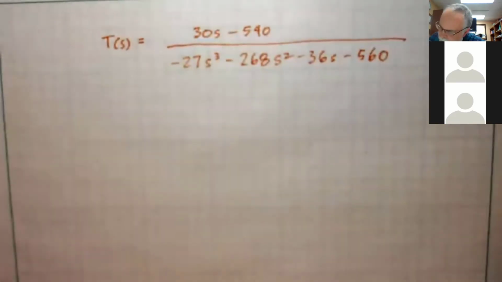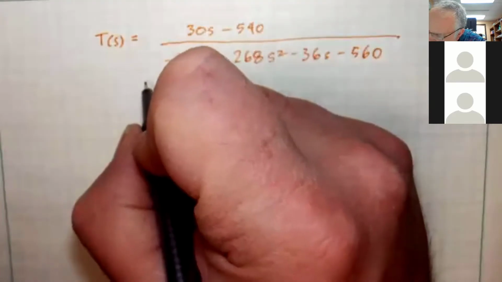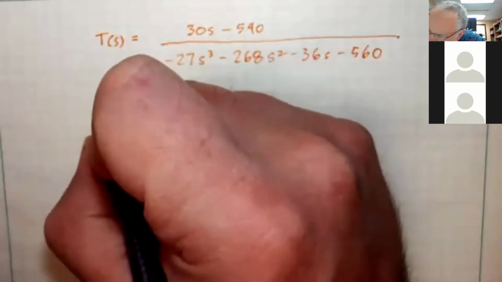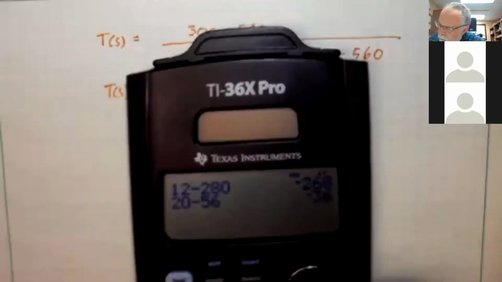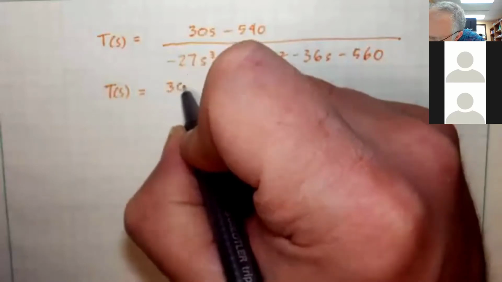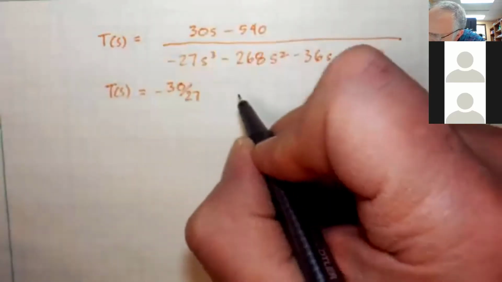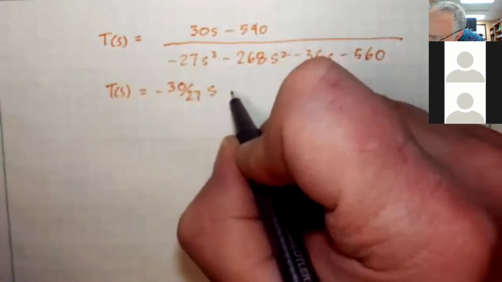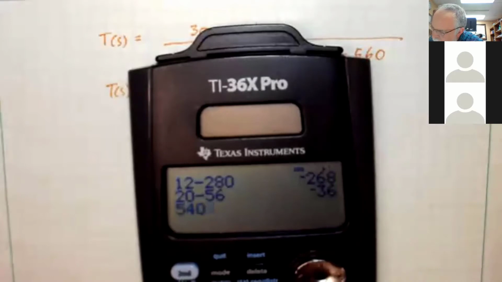I'm still not done. I've got to divide top and bottom by minus 27. So I've got 30 divided by 27, minus sign in front, S, minus 540 divided by 27, 20.